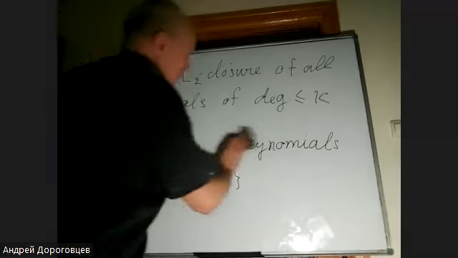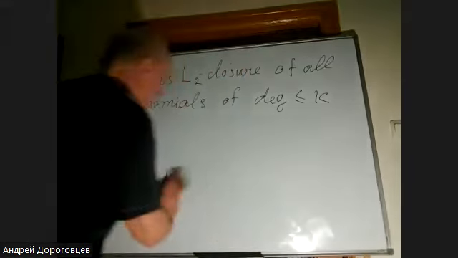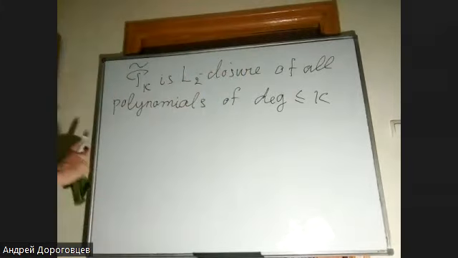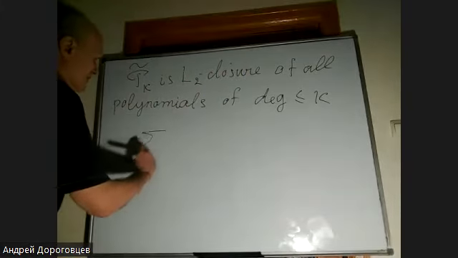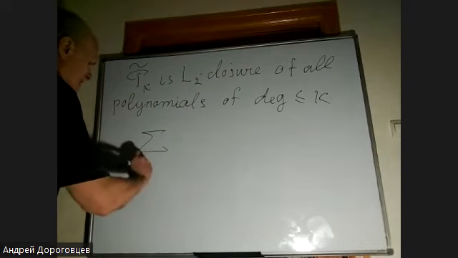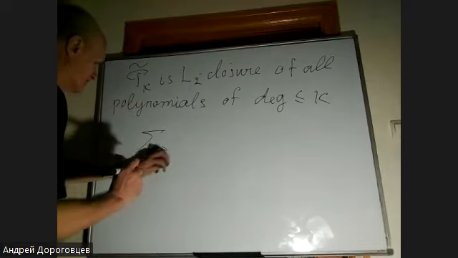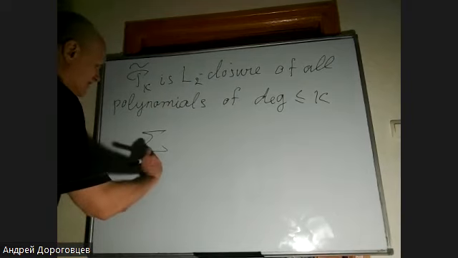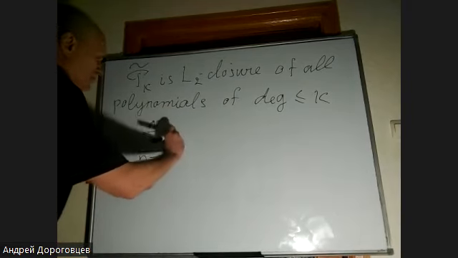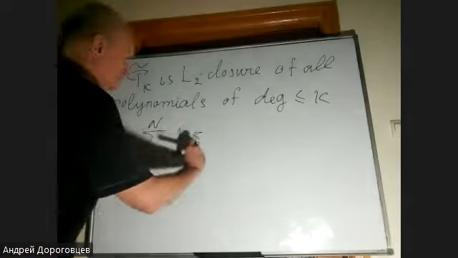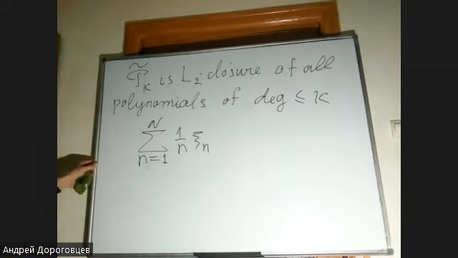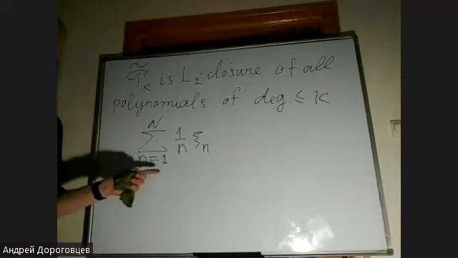when we consider only polynomials, then, for example, this is a polynomial, and this is a polynomial of degree 1.